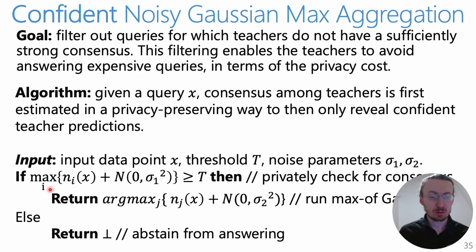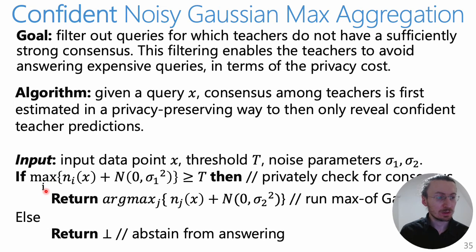And then to define this confidence for teachers, for their consensus, we have this additional check. So what does it mean? Here we take the values of the counts for each class, and we first add some other version of Gaussian noise compared to the mechanism defined in the previous slide. And then once we have this new noisy histogram, we check what is the max value for a given class.